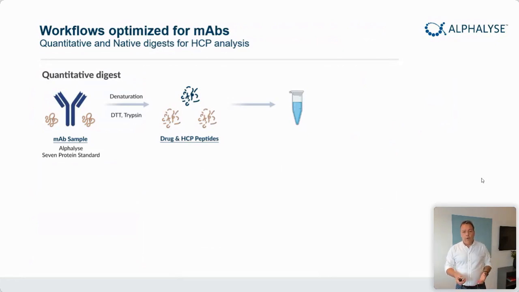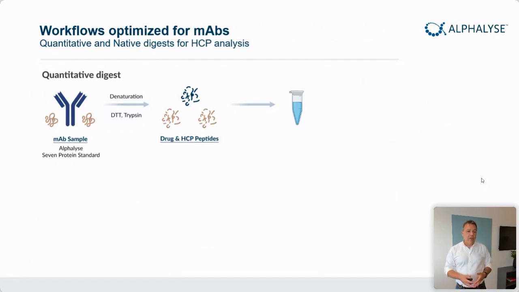So for monoclonal antibodies, we actually have a two-way sample preparation. We use our standard, which we call the quantitative digest method. Here you can see the antibody with some host cell proteins. Typically, before you do a digest, you will do a denaturation, so you would use DTT and an alkylation reagent, and then you would do a trypsin digest afterwards.